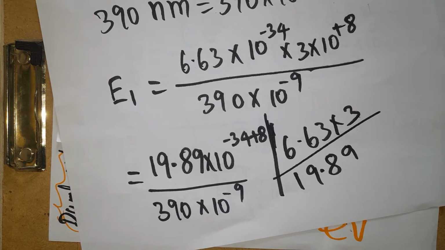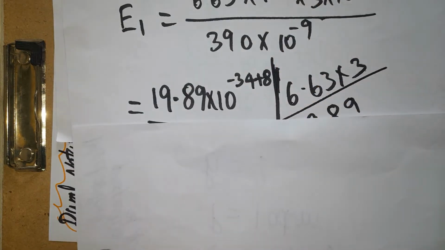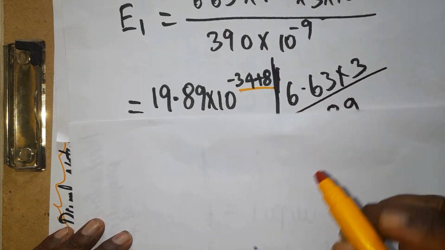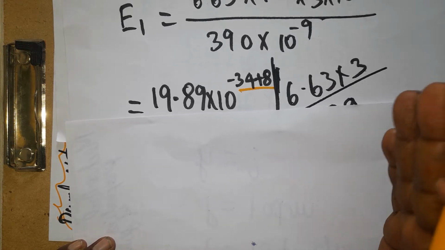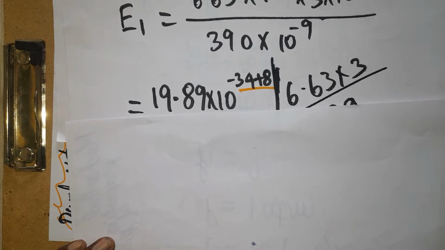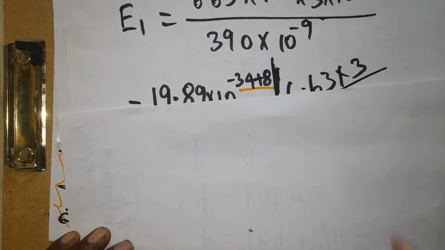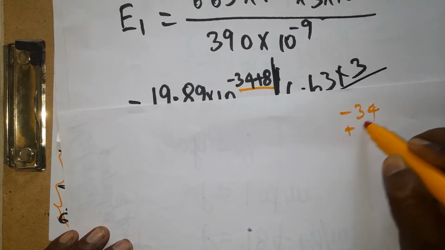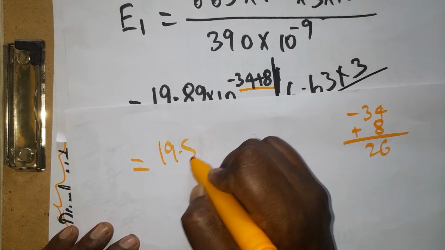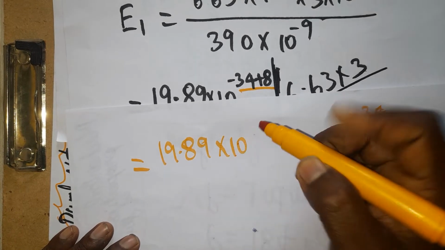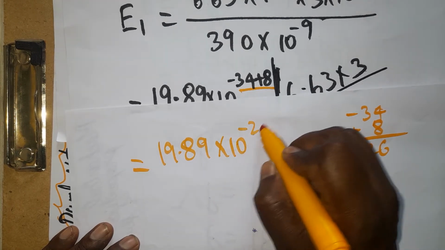One more thing we have to do: they already asked the problem in eV. For these two powers, minus 34 plus 8, what is the value I get? It is going to be minus 26. So 19.89 into 10 power minus 26.